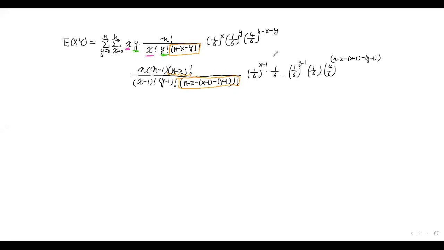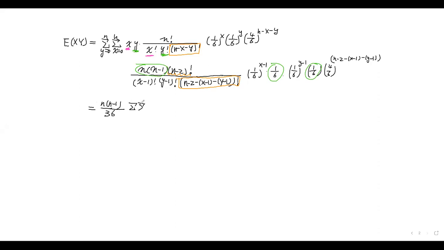All right, so now let's put everything that is not related to x and y to the front. So this will be n times (n minus 1) times 1/6 times 1/6, which is 1/36.